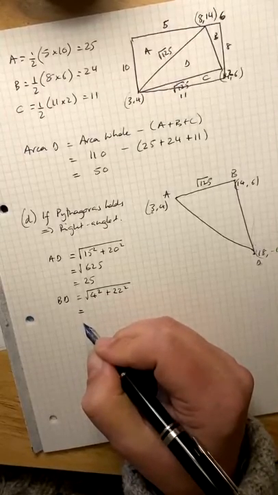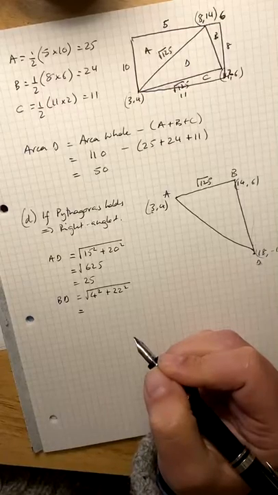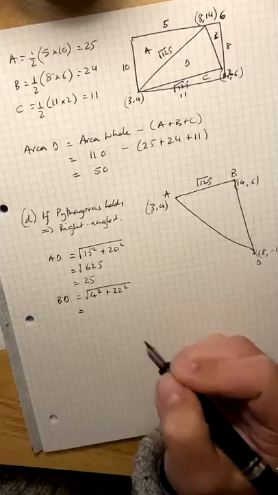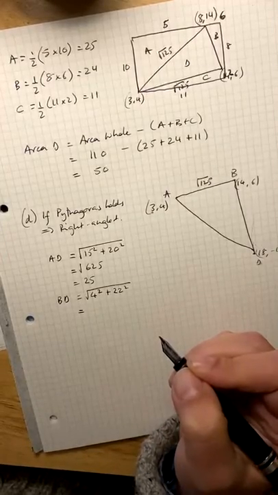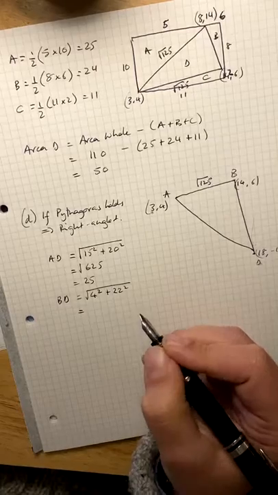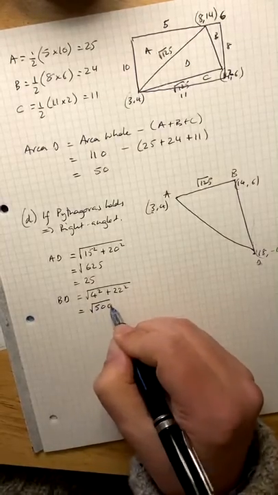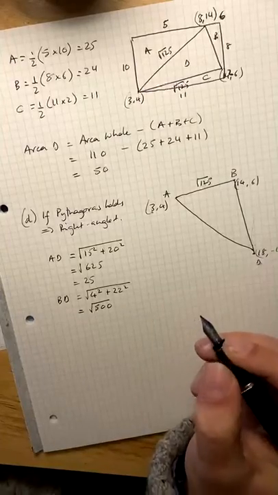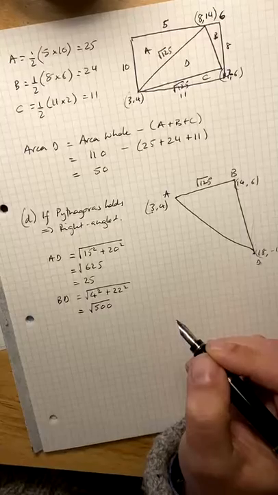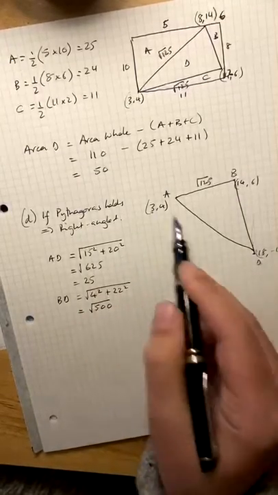We've got 16 plus 22 squared, so plus 484 is 500, square root of 500. Actually, we're going to use surds, I think, for this. So that's AD is the hypotenuse.